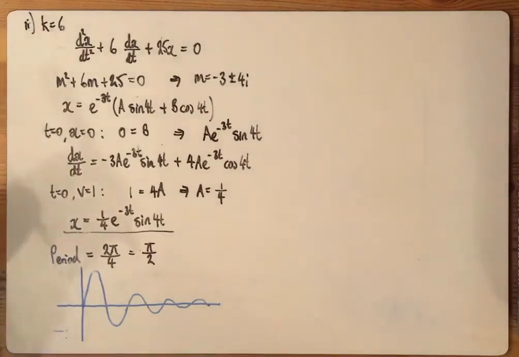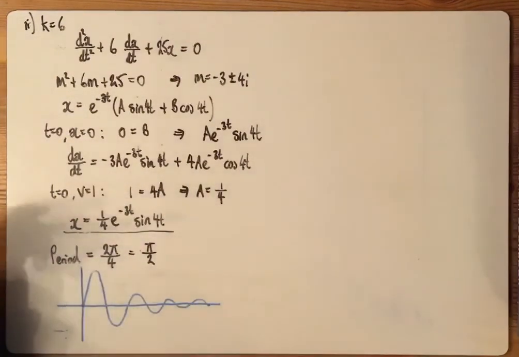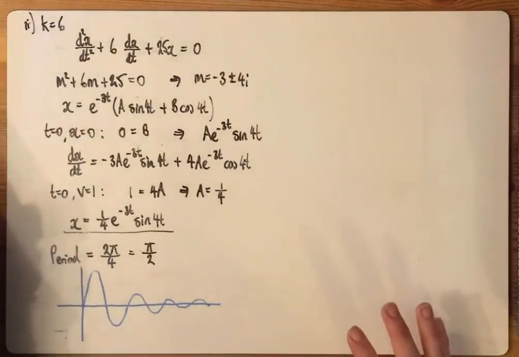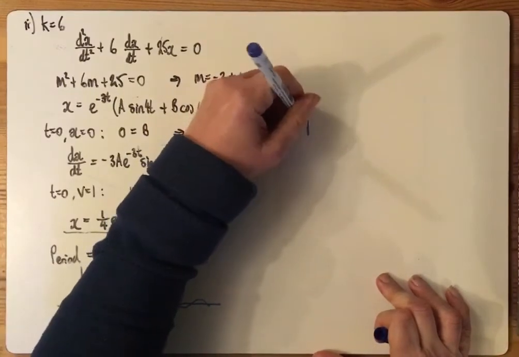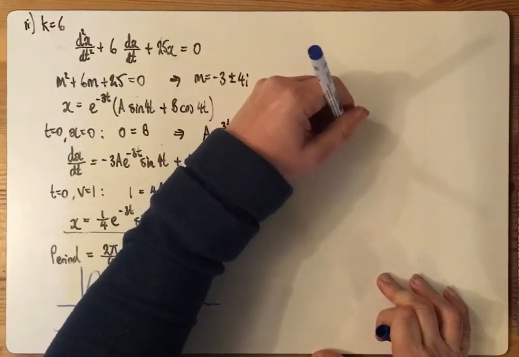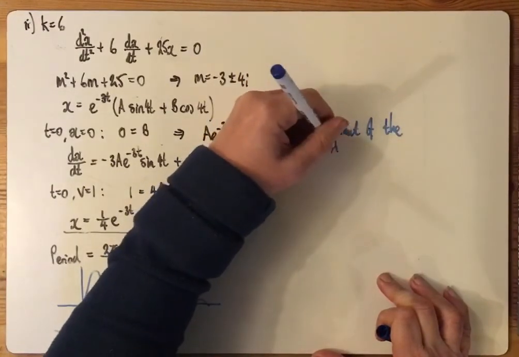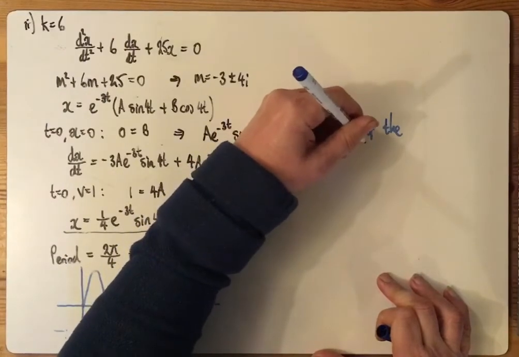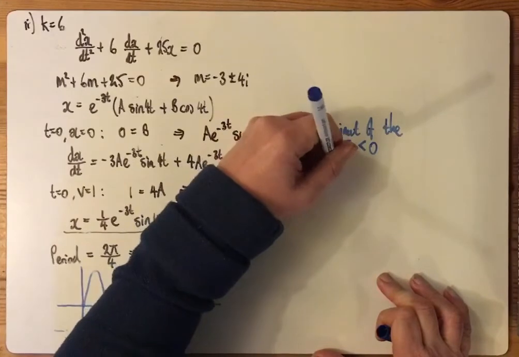And so this will be the case for all damped harmonic motion where you have a negative discriminant, so you've got two complex roots. So what we've sort of worked out from there is, if the discriminant of the auxiliary equation is less than 0, then oscillations will occur.